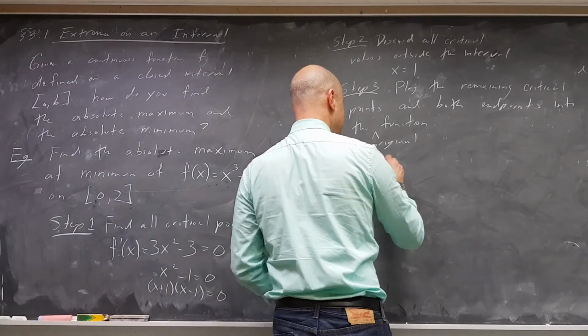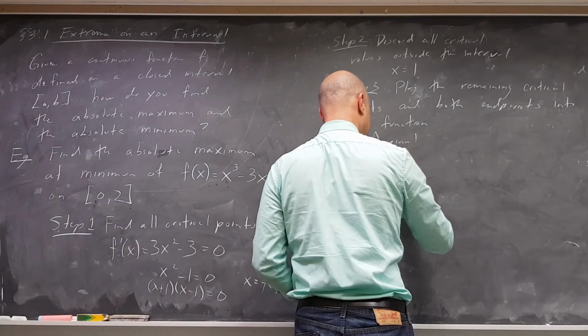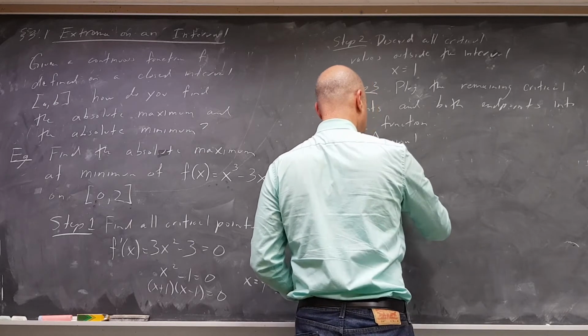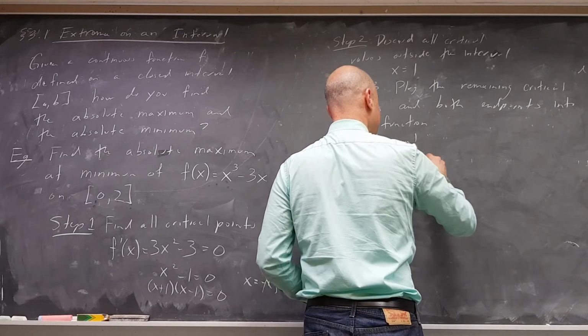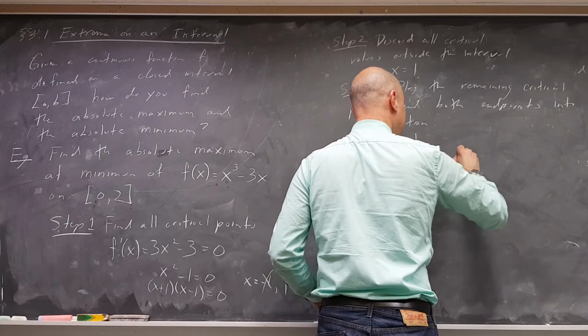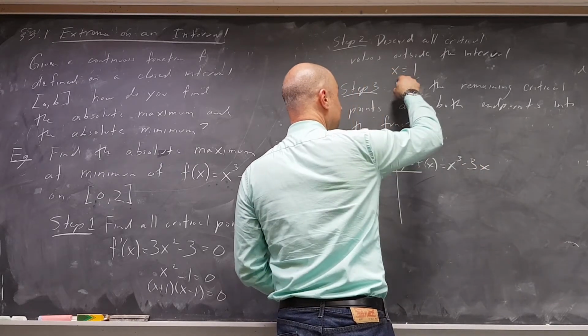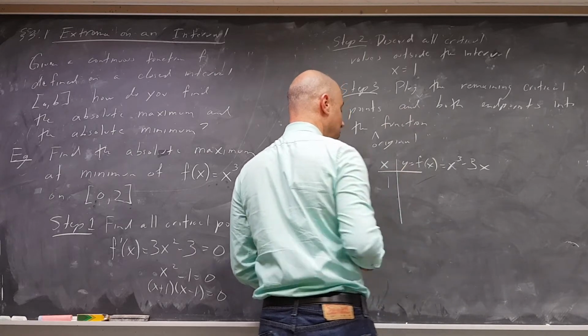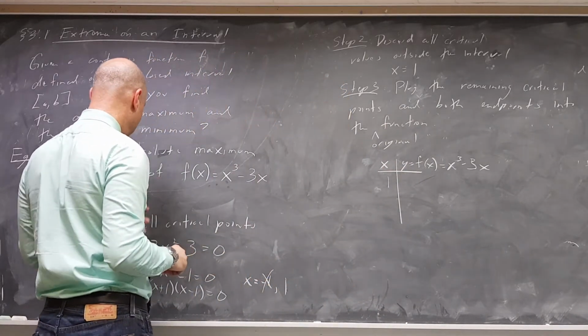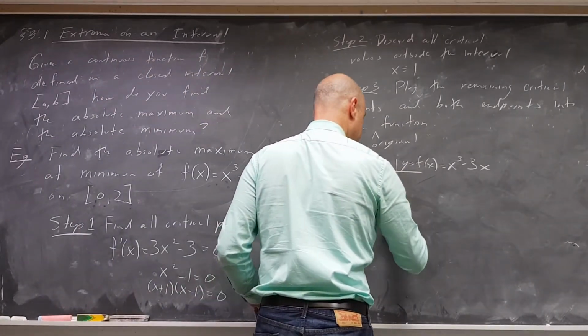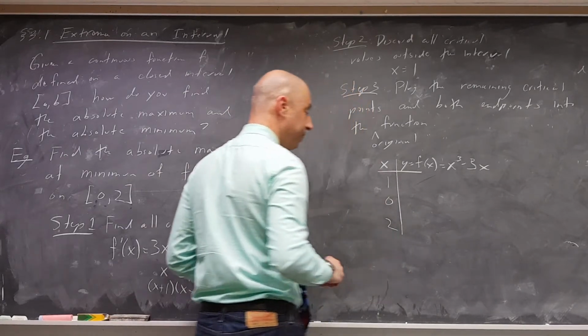So let's go ahead and do that. The y coordinate is the same as f of x, which is x cubed minus 3x. So we're going to plug the critical point in, which is x equals 1, and both endpoints, 0 and 2.